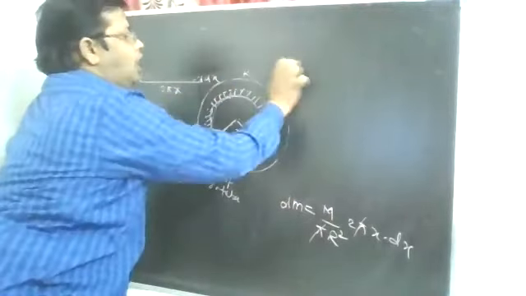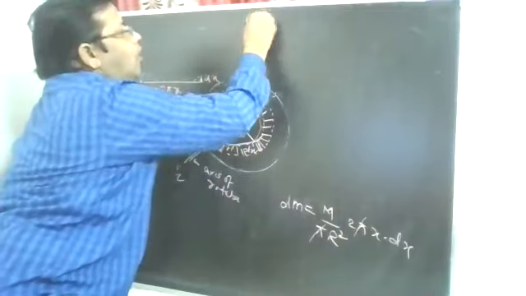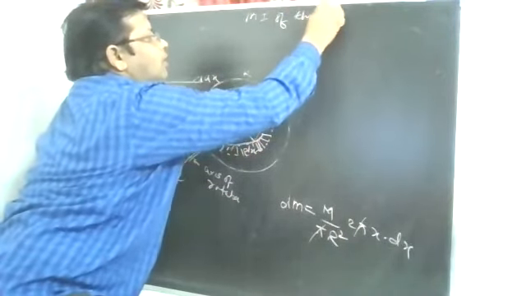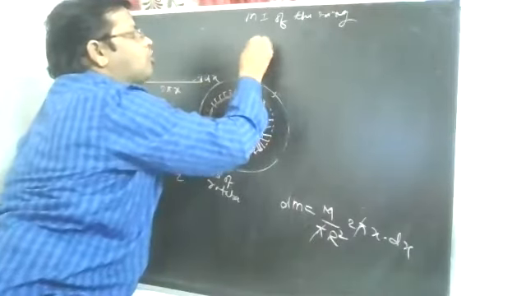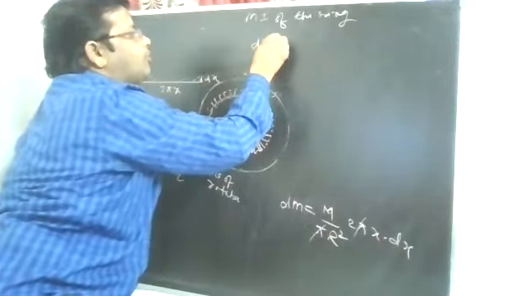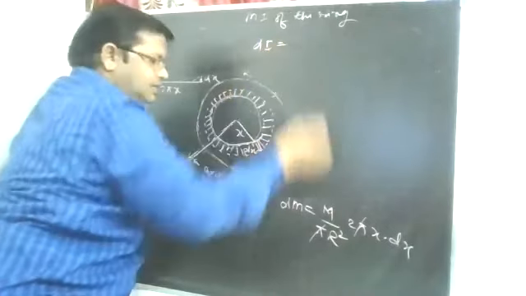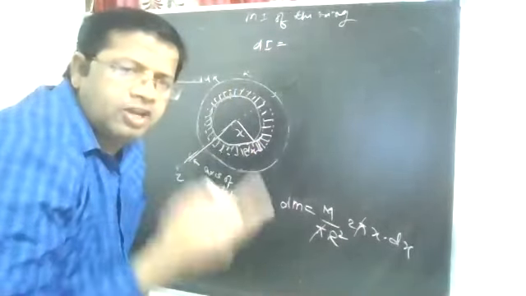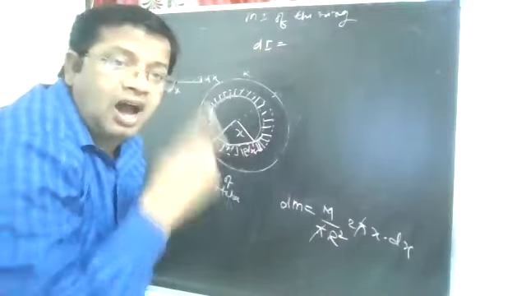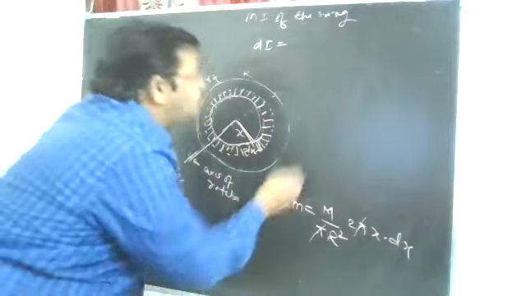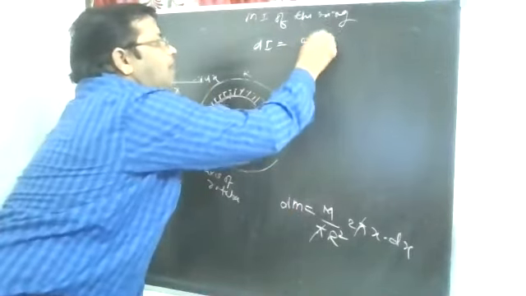The moment of inertia of this ring. Since this is a very small portion of the disc, its moment of inertia will be dI. We know the moment of inertia of a ring is m r square. What is the radius of this ring? x. What is the mass? dm. So dm x square.